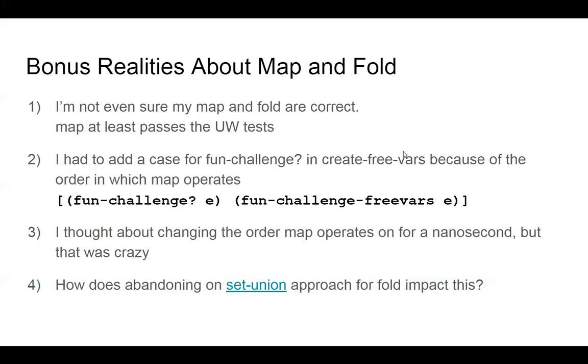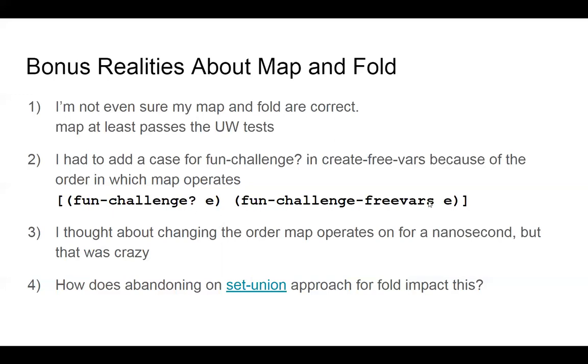So a bonus little thing to talk about is I had to add a case for fun challenge in my create free vars method because of the order in which map operates. Okay, so I had to add this thing where, if it's a fun, and I like the fact, by the way, that it's called fun challenge. Like, functions are fun.